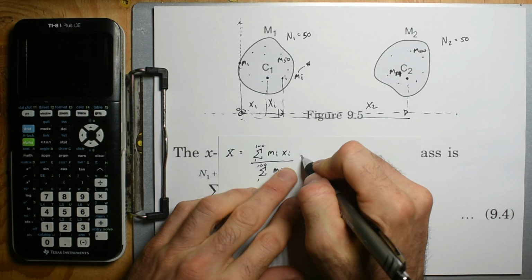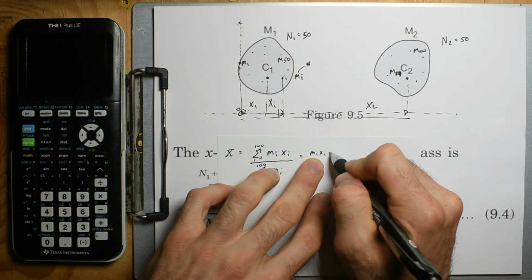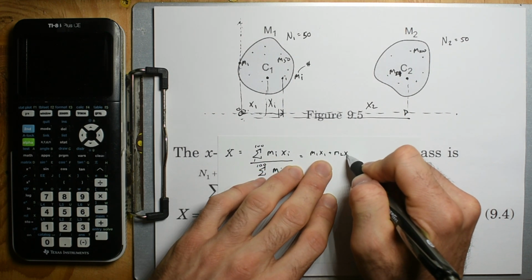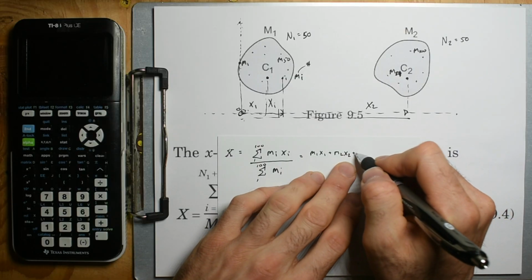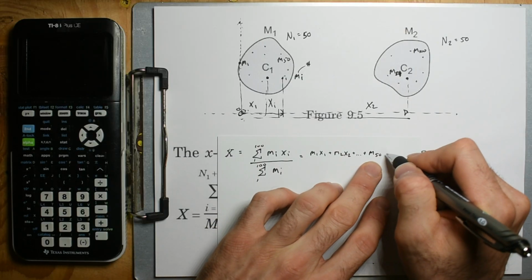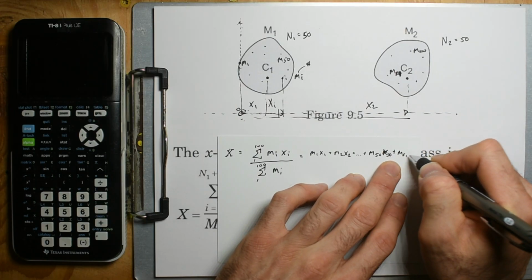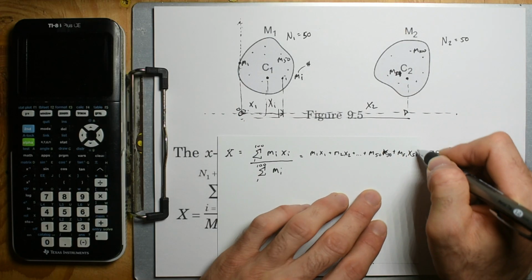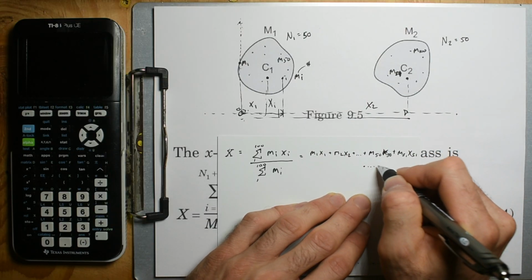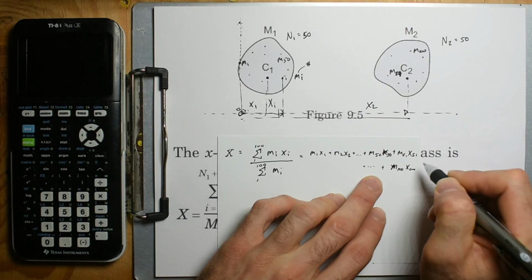And then when I start to do that process, I can have M1 x1 plus M2 x2 plus dot dot dot, and then I could have M50 x50 plus M51 x51, and then dot dot dot all the way to M100 x100.